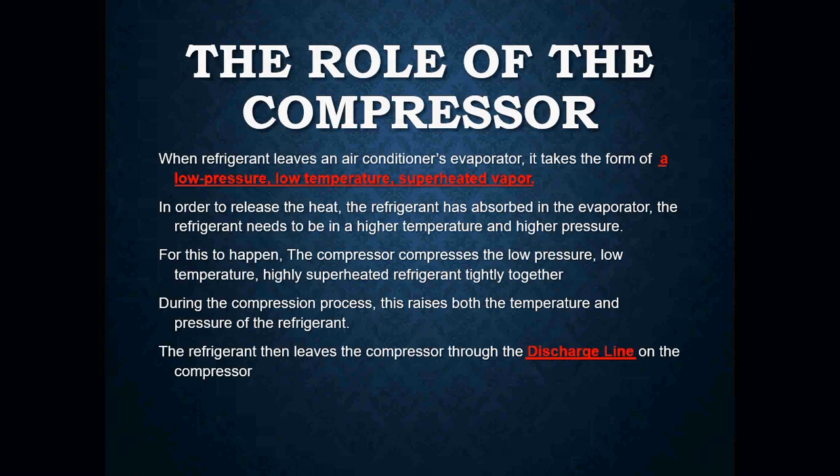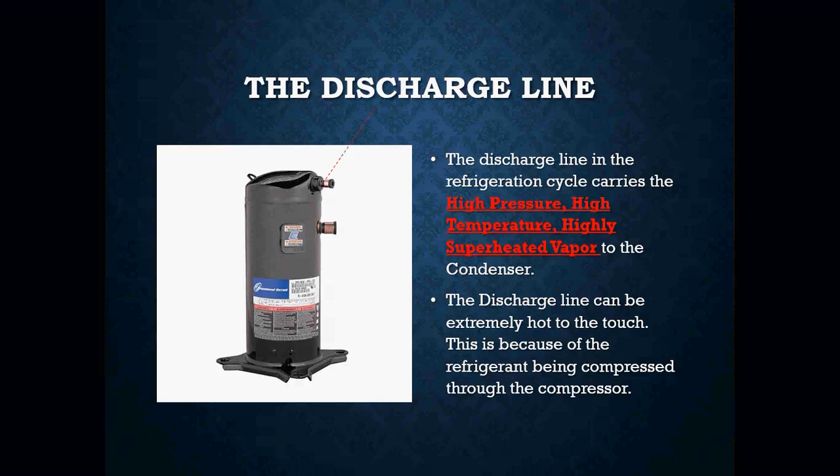When I'm doing that, I raise the temperature and the pressure of the refrigerant. Once I achieve that, the refrigerant is going to leave the compressor and go to the discharge line.